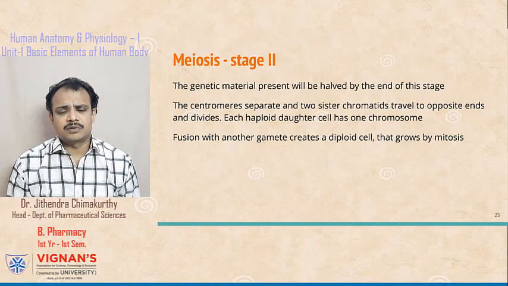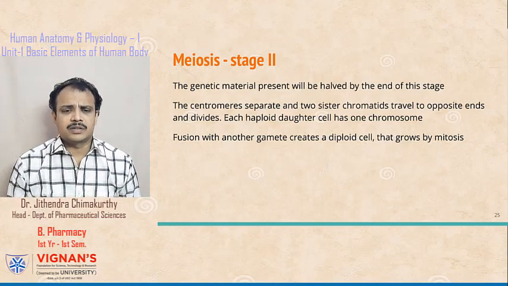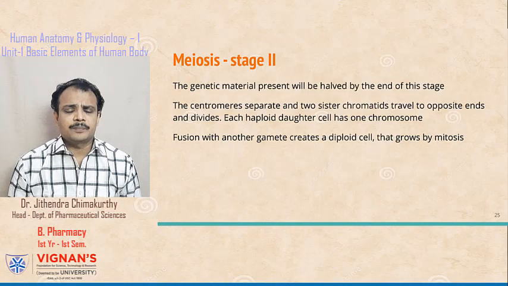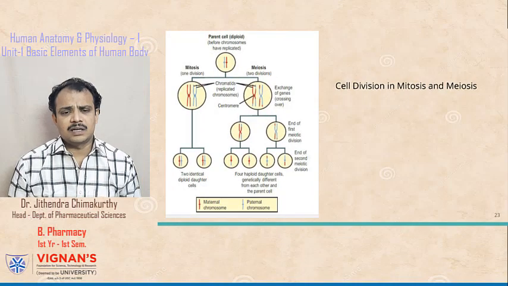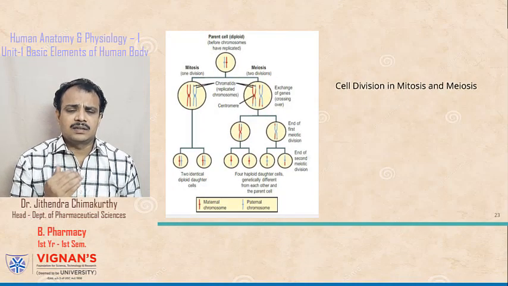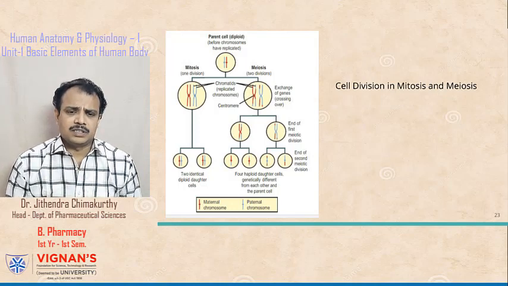This leads to the formation of 4 daughter cells, and all the 4 daughter cells will have entirely different genetic material when compared to that of their parent cells of the first meiotic division, and they also will be entirely different from the parent cell before the first meiotic division.